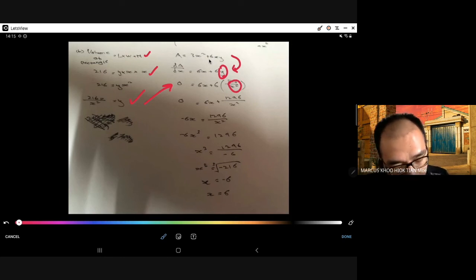I would have done 3x squared plus 6x times 216 over x squared. And then when you cancel this, you will get 216 over x. And then this is, what is this? 1296. Right.